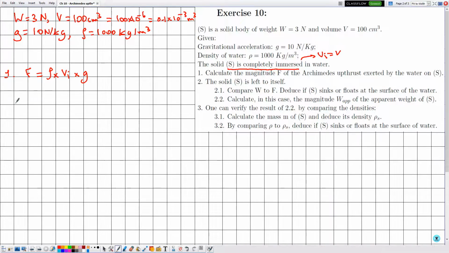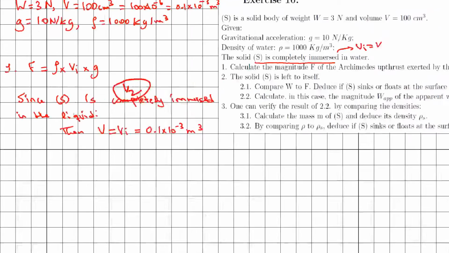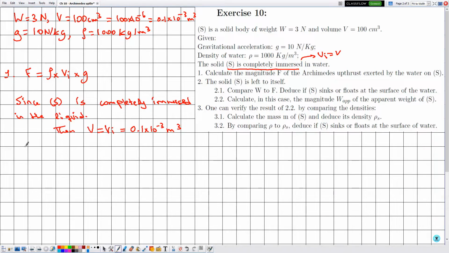Since S is completely immersed in the liquid, then the immersed volume is equal to the total volume of the solid S, which is 0.1 times 10 to the power minus 3 meter cube, and they usually give a half a mark for this statement. Now let's rewrite the expression of F in terms of V.